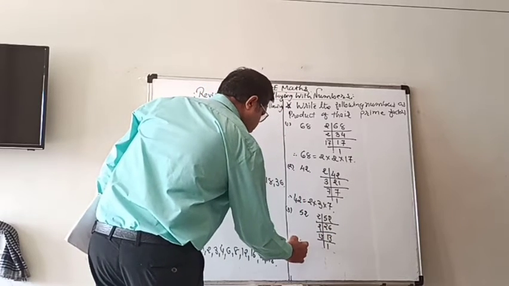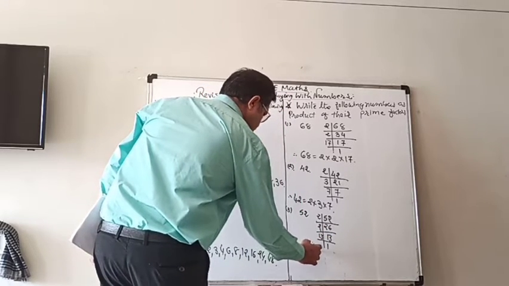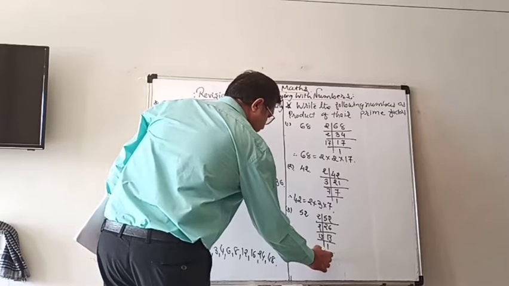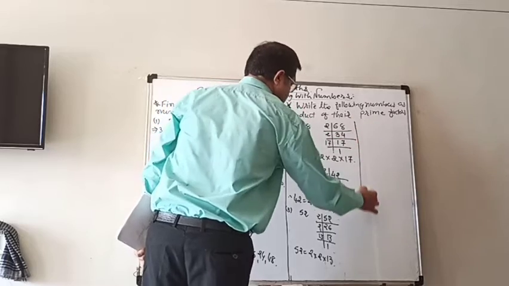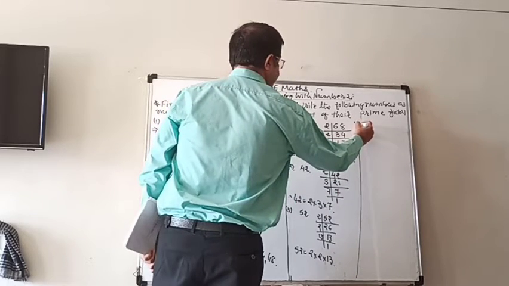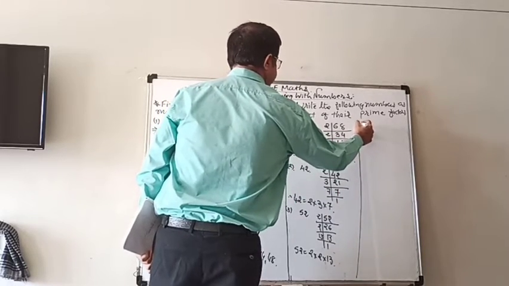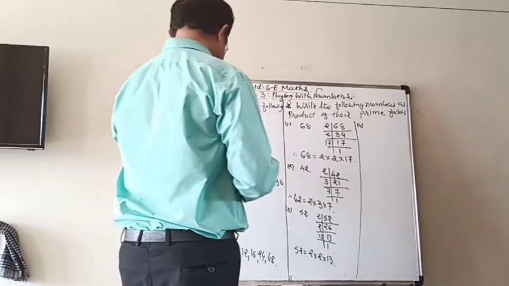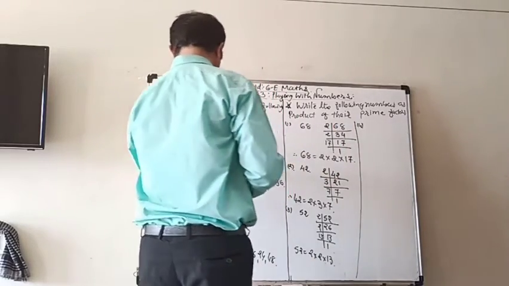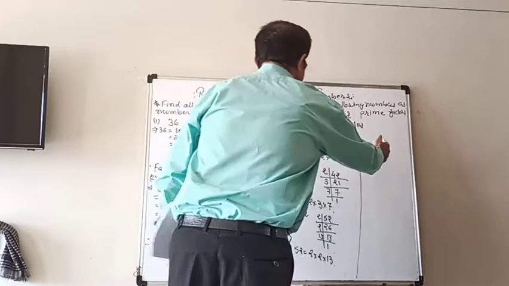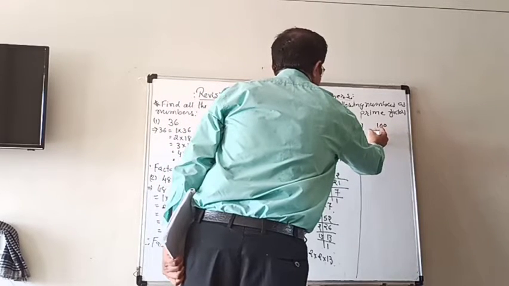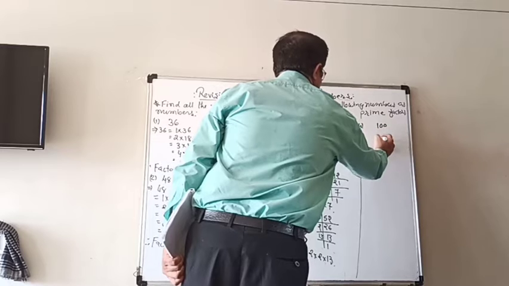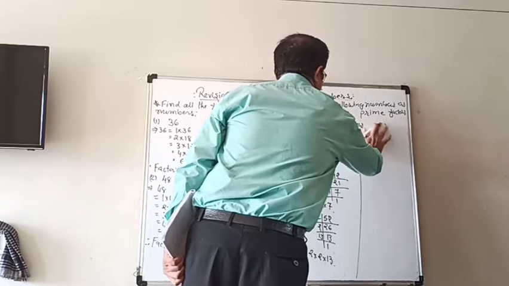So now 52 is equal to 2 multiplied by 2 multiplied by 13. Let's take one more. Some more. Take say 100. So now for 100 we will do the same thing.